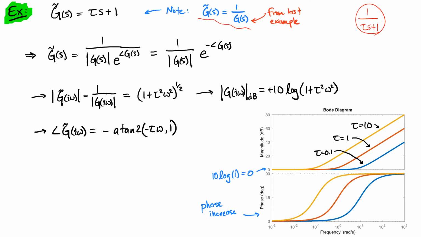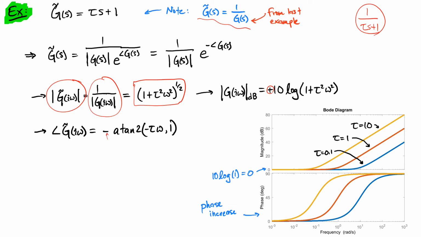And if we look at the magnitude directly, it's the reciprocal. So our new magnitude is 1 over our old magnitude, which is simply, instead of having a negative up in the exponent, now it's the same quantity to the 1/2 instead of the -1/2. And then in the dB magnitude, we get this plus sign where we had a minus sign before. And finally, on the phase, we just get a negative thrown out in front.